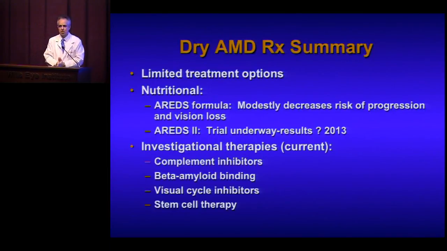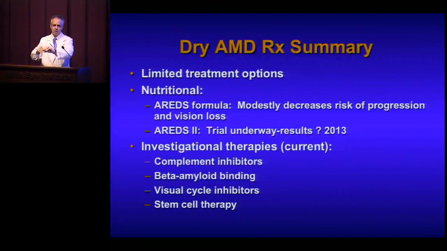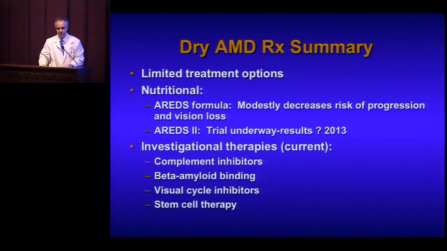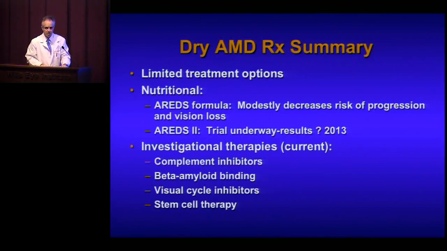AREDS 2 results are coming. They're coming this year, probably later this year. And AREDS 2 is looking at not only the base of giving AREDS, that's already been established with AREDS 1, but AREDS 2 is looking at some modification of the formula, a little bit less zinc, and they're also looking at lutein, zeaxanthin as a substitute for beta-carotene, and also looking at omega-3 fatty acid supplementation at about 1,000 milligrams a day.